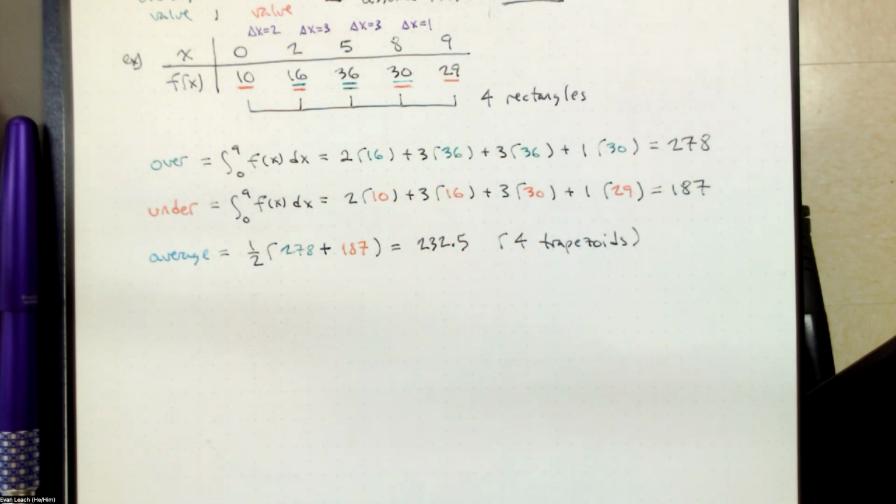We see the function goes from 10 up to 36 and then back down to 29. When we have a function like we had yesterday, where it was always decreasing, then left is the same as over, and right is the same as under. But in this case, we did over and under rather than left and right because our function went two different directions.